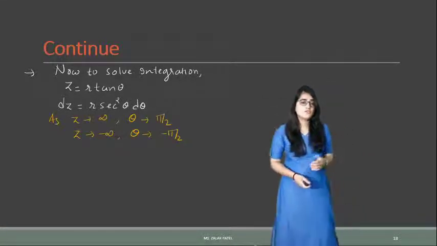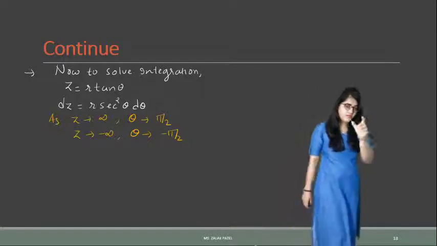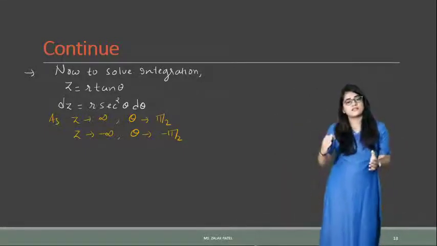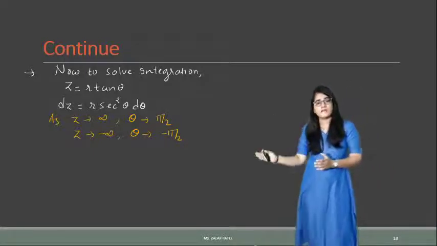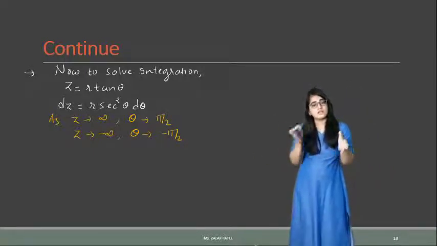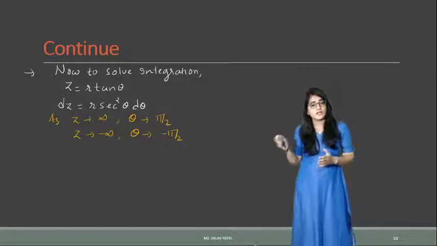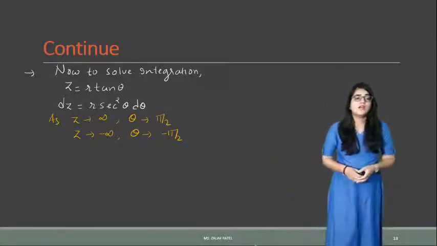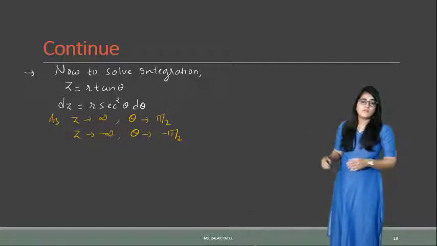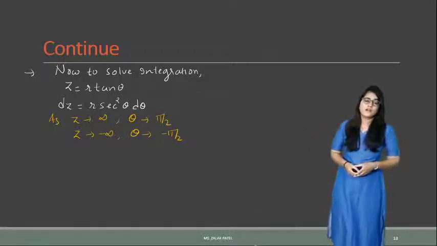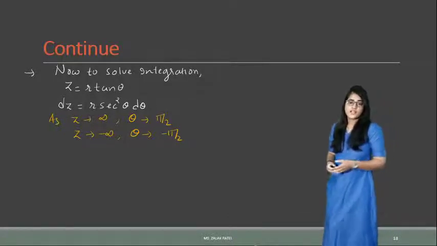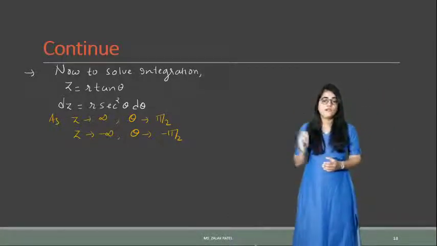Now we have to change the limits because we have taken z equal to r tan theta. If z goes to minus infinity, then theta will change accordingly. Same way if z tends to infinity, theta will change. So if z tends to infinity, then tan inverse of infinity becomes pi by 2, and tan inverse of minus infinity becomes minus pi by 2. So you have to take the limit from minus pi by 2 to plus pi by 2.